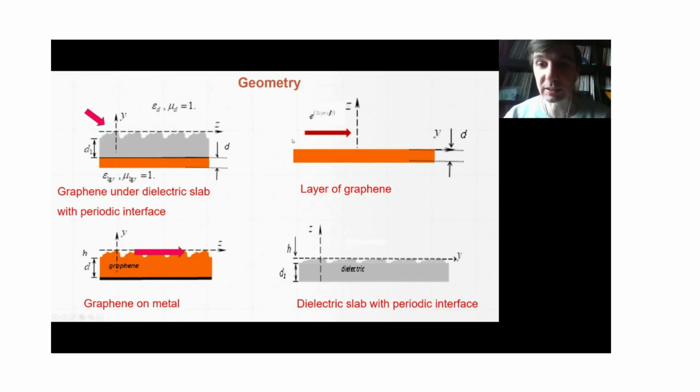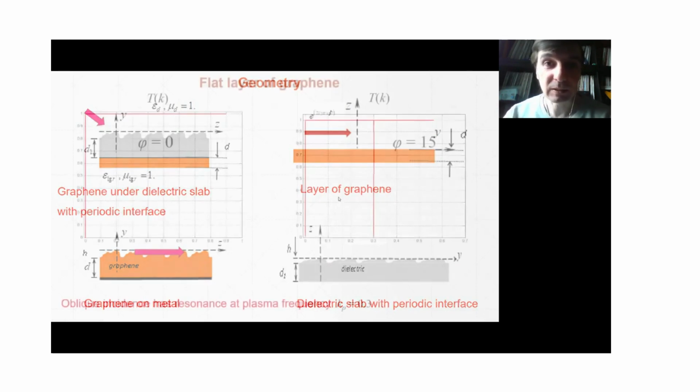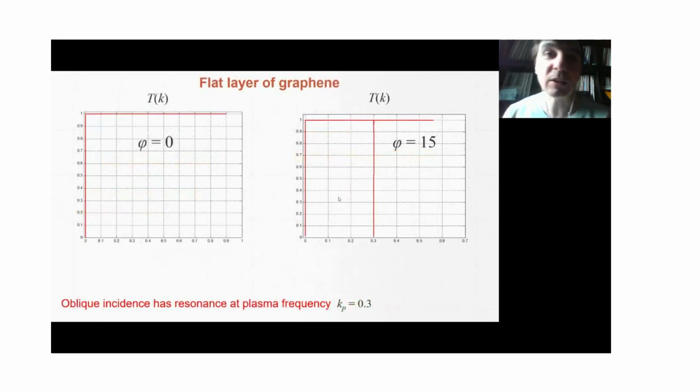Also, as secondary geometries, we consider just a layer of graphene and the dielectric slab with periodic interface to see the influence of these simple structures. So we start with just a flat layer of graphene and look at the transmission and reflection coefficients with normal incidence.